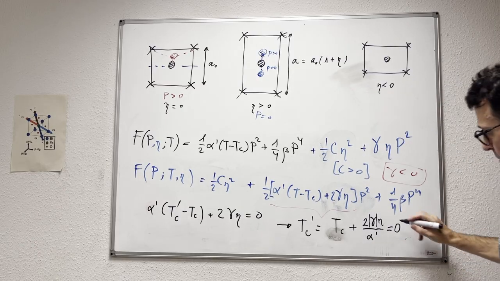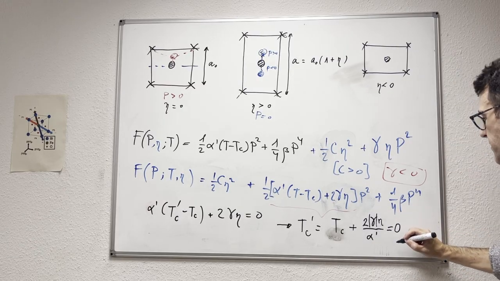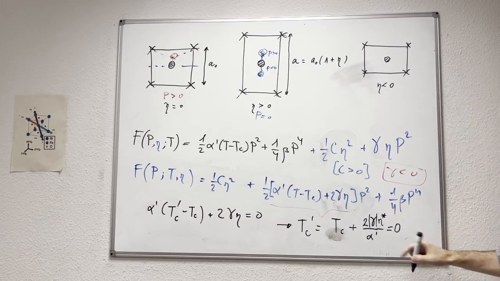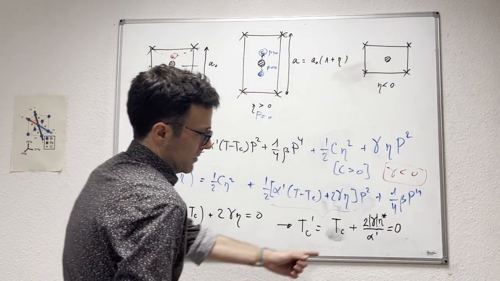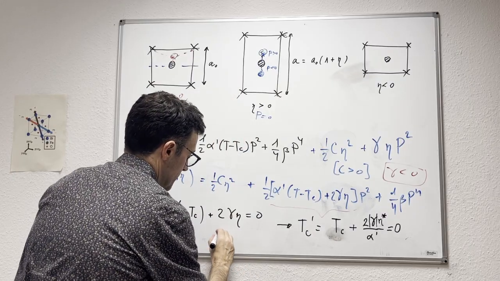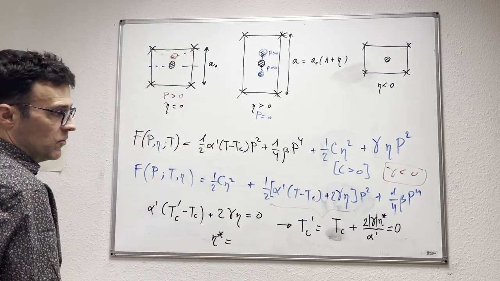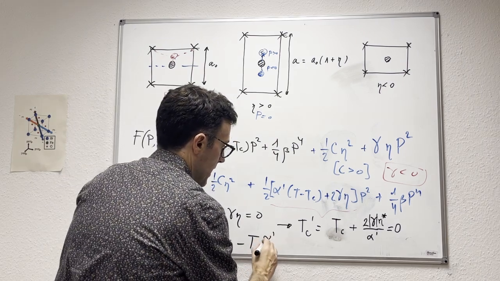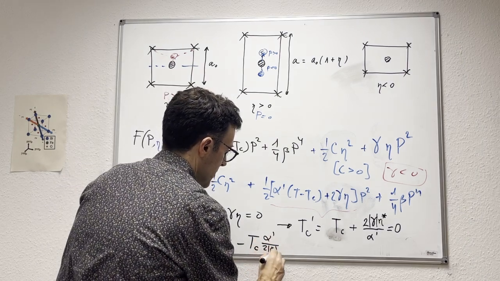So for this, let me call this a critical, another C. Let me call this guy eta star. So eta star equals minus Tc multiplied by alpha prime divided by 2 gamma.